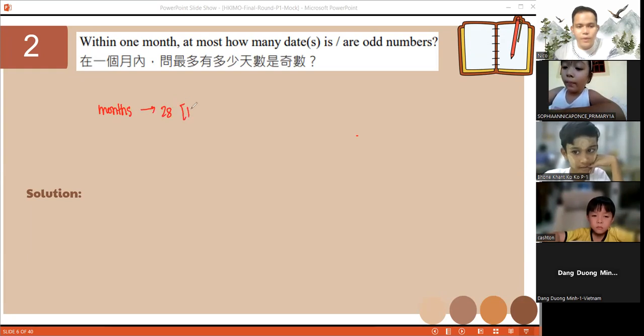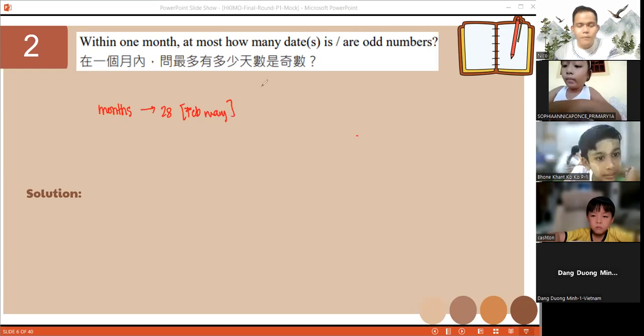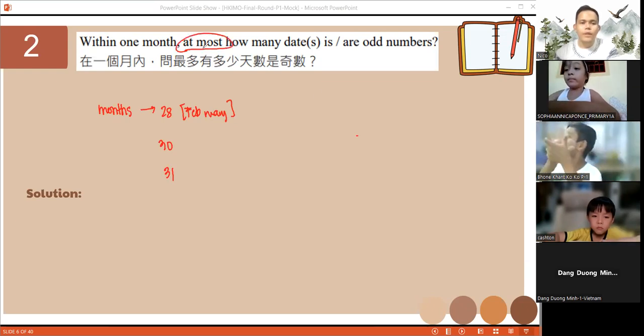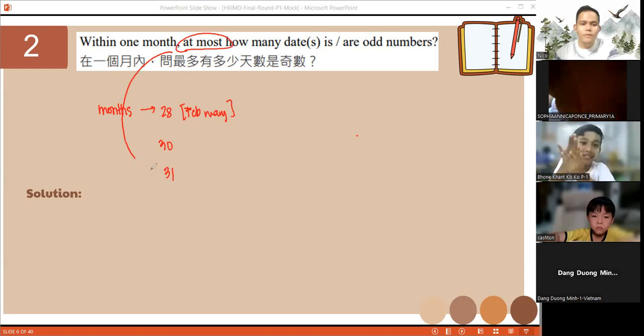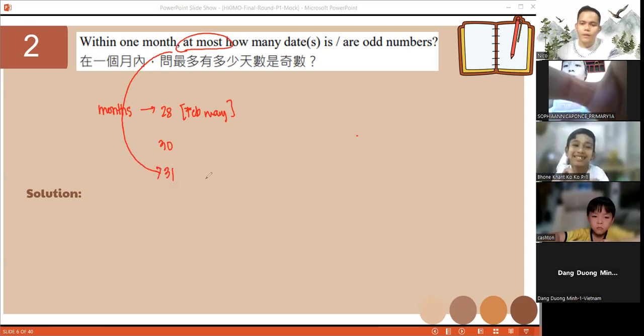This is your February, right? But there are also months that have 30 or 31. Now it's asking for at most. The word here is at most. So we must prefer the 31. Since we're looking for at most, the one that we prefer here is the 31.